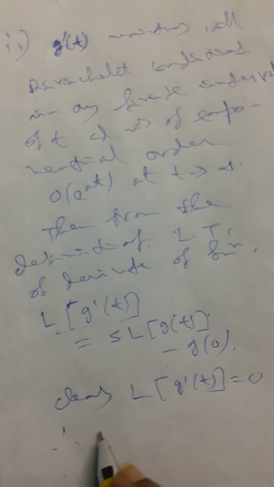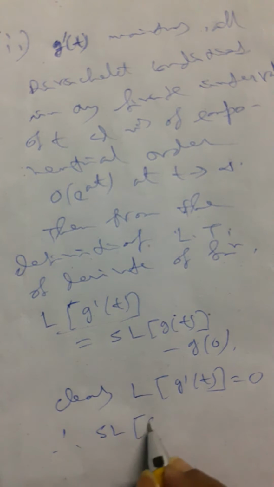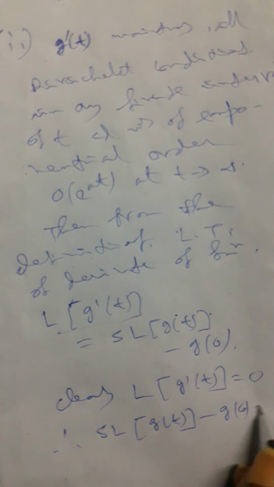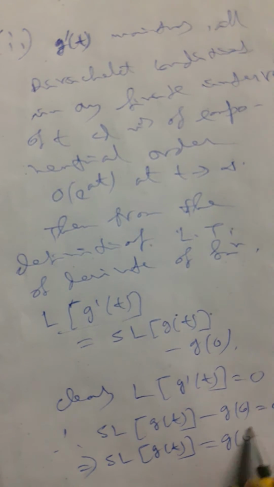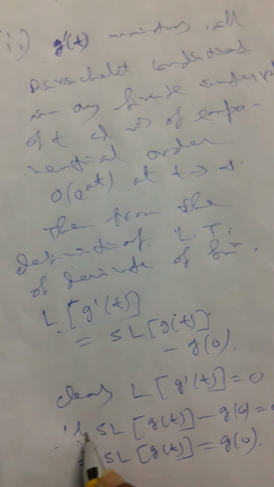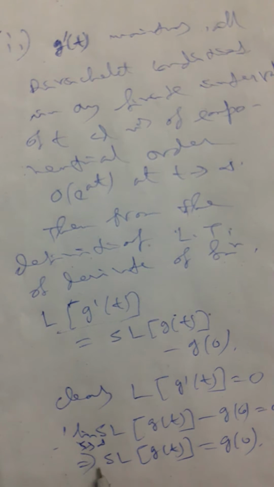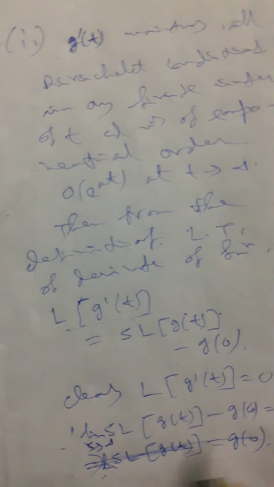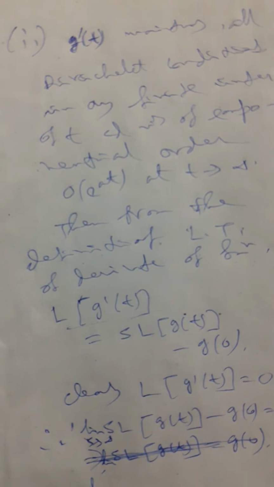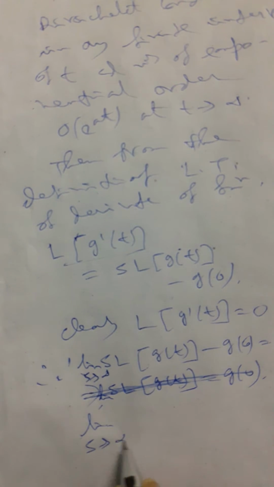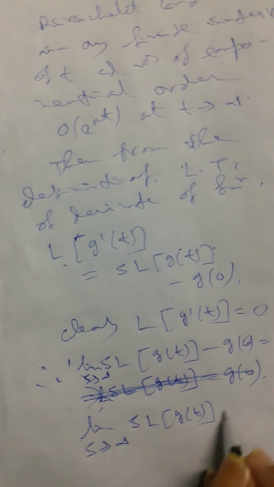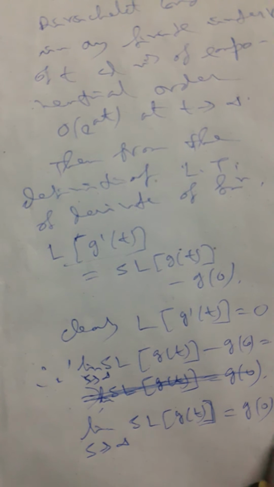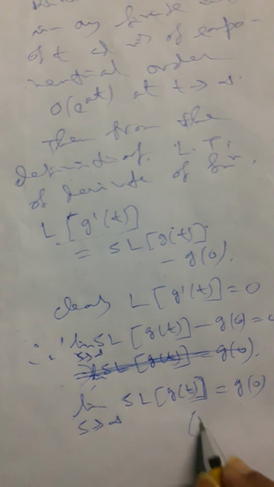So what happens using these conditions? L of g dash t equals s L of g(t) minus g(0) equals 0, which implies s L of g(t) will be g(0), using the condition as s tends to infinity. So the limit as s tends to infinity of s L of g(t) is equal to g(0), and we have proved the second part.